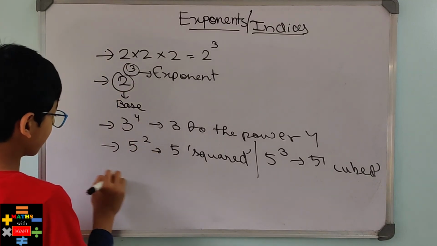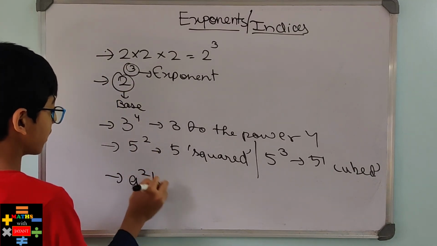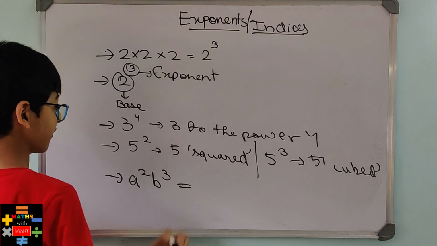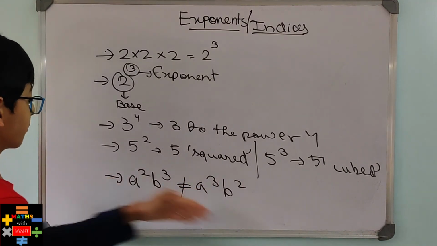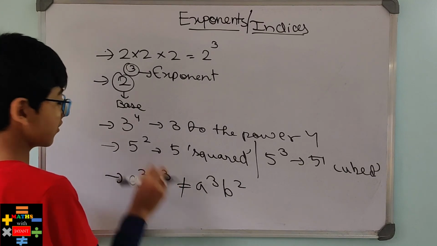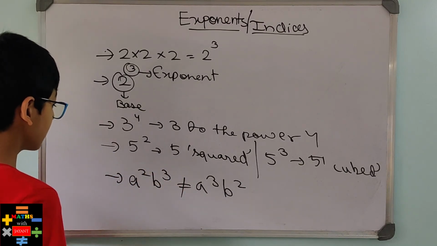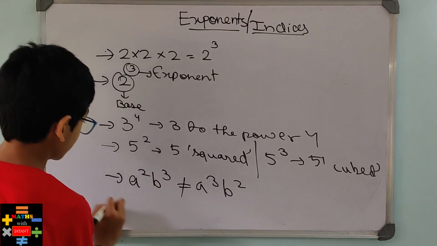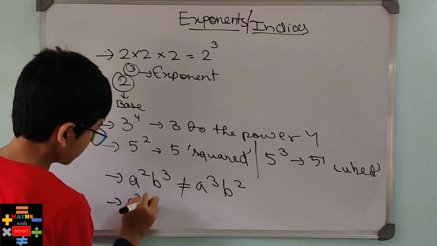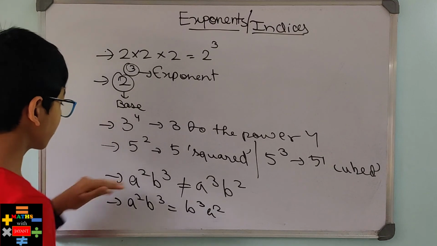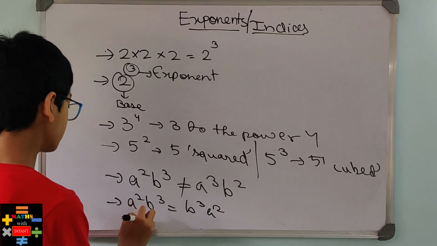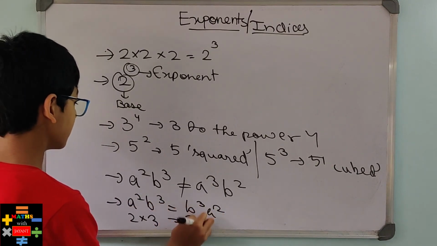Then we discussed that a square b cubed is not equal to a cubed b square. This means that you cannot interchange like this. And then we also discussed that a square b cubed is equal to b cubed a square. This is just as simple as 2 into 3 is equal to 3 into 2.